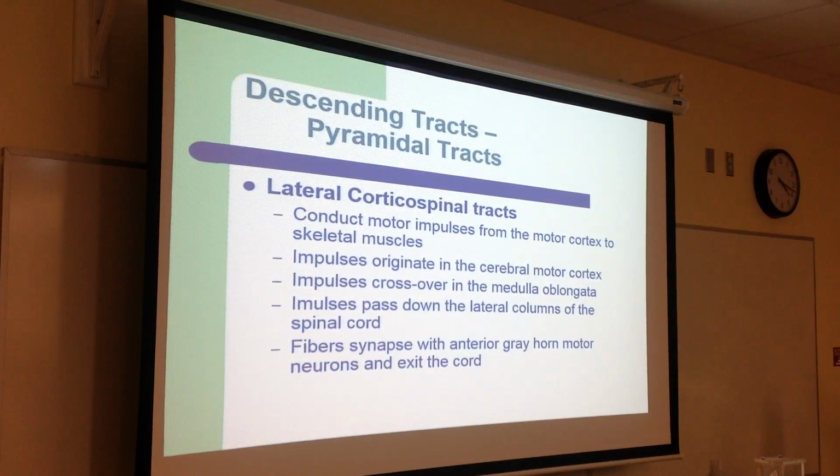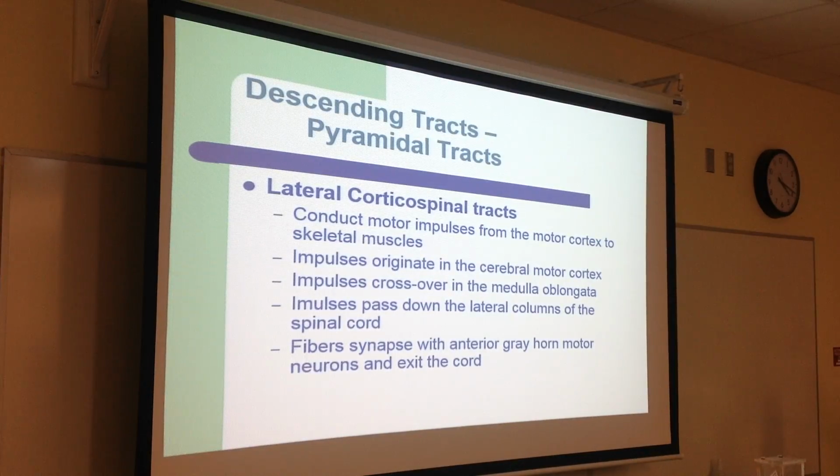Now, what's it about? Conducting motor impulses from the motor cortex to skeletal muscles. Where is the primary motor cortex located in the brain? Precentral gyrus of the frontal lobe. Impulses originate in the cerebral motor cortex. Impulses cross over in the medulla oblongata this time.